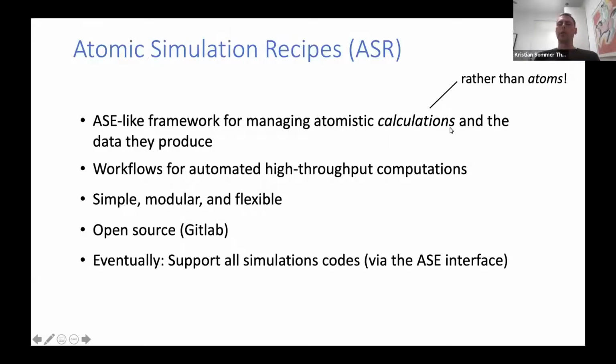ASR focuses on the calculations themselves and the data that they produce, whereas ASE is a tool for working with the atoms, setting up the individual calculations, you can say, and looking at the output from the individual calculations. So ASR is now taking this one level up and working with the calculations.